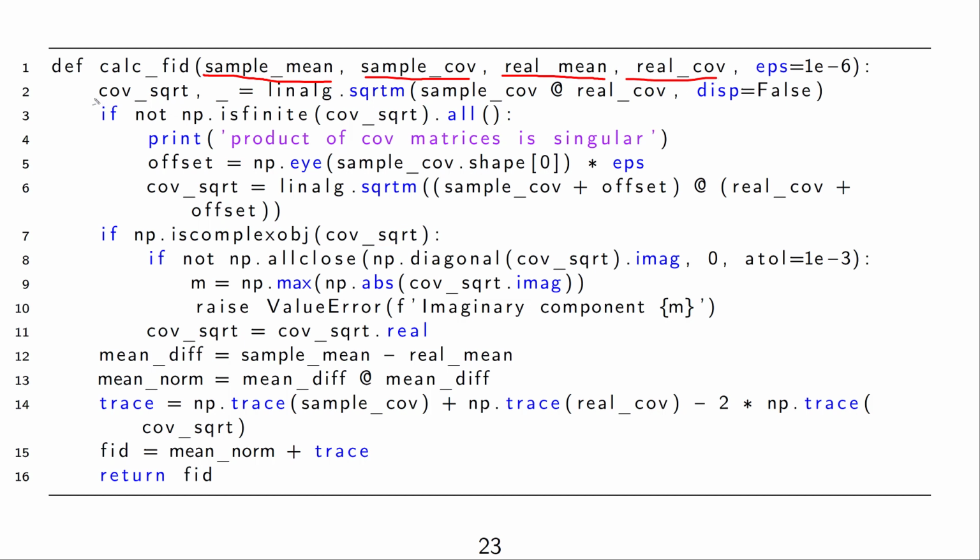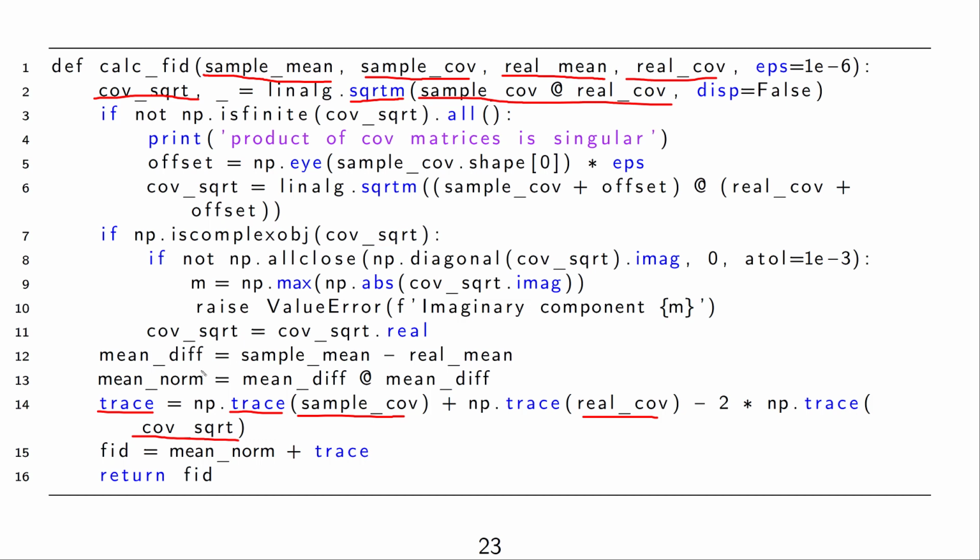Then what we have here is first the cov SQRT is computed by the matrix product between the sample covariance matrix and the real covariance matrix, and then afterwards we compute the matrix square root. Now jumping to the last line, this is then the trace as we discussed, and this is trace of sample covariance, real covariance, and -2 times the covariance SQRT. That is what we computed up there.